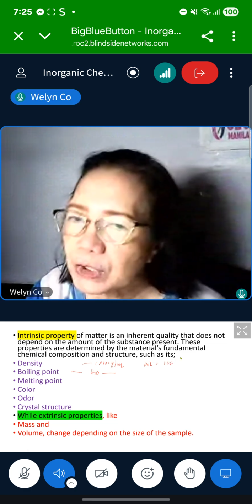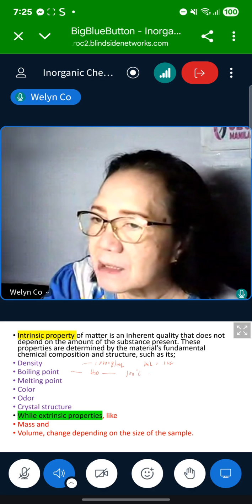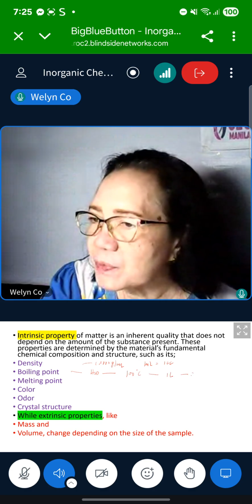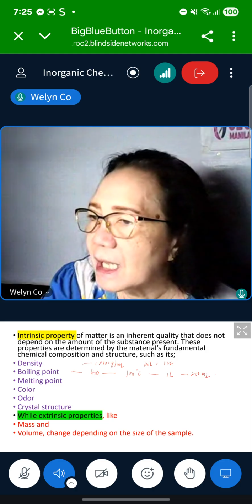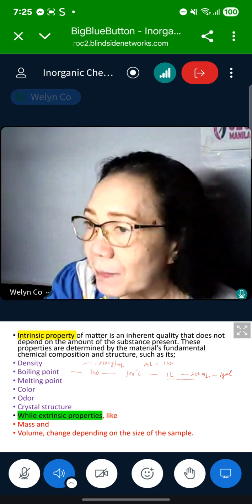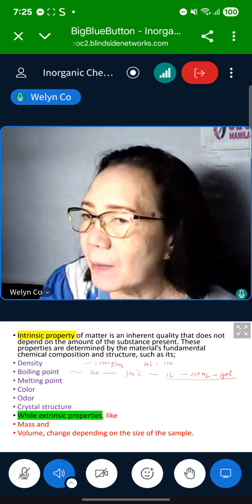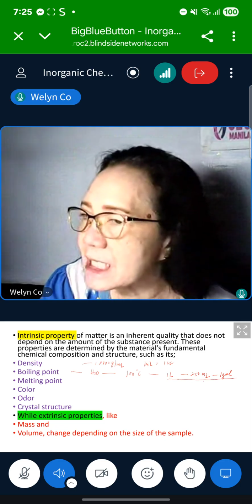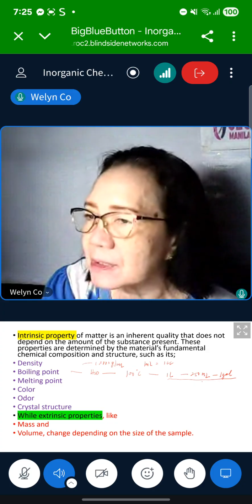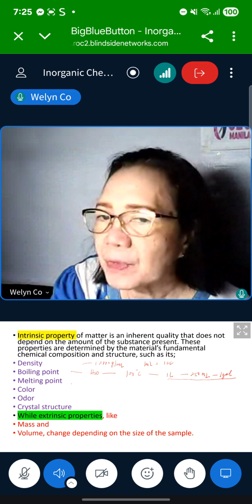So the boiling point of water is 100 degrees Celsius. Whether we boil 1 liter, or 250 ml, or 1 gallon of water, the boiling point of water will not change. It is not affected by the size or amount of the object. That would be the same thing with melting point.